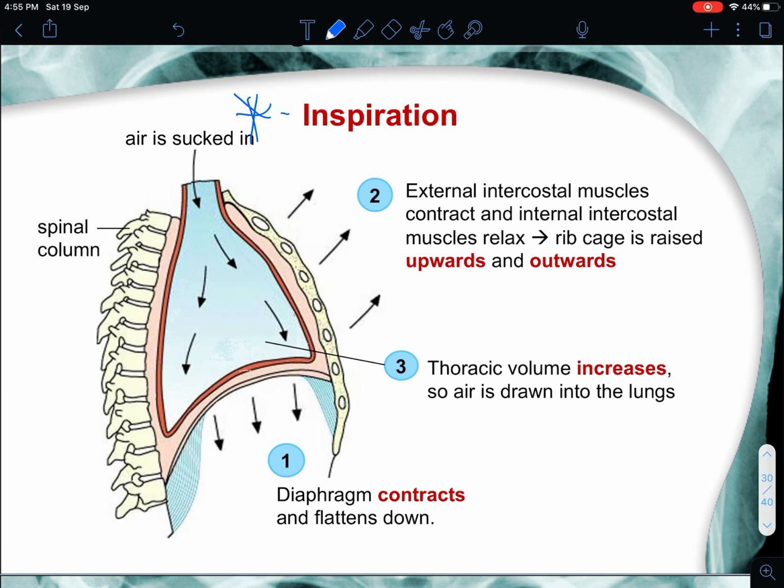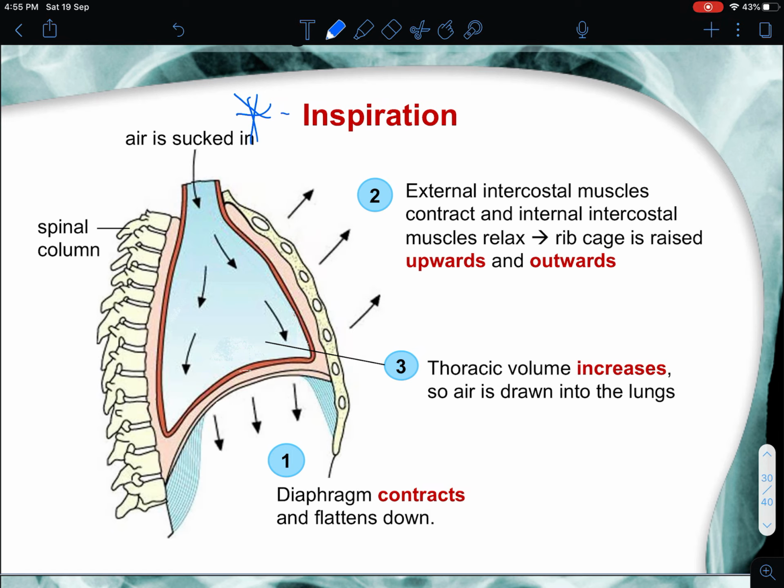Now this is the one that is important. What happens for air to actually enter? First step, the diaphragm will contract and flatten down. As it contracts, it becomes smaller in size. That's why it tends to float downwards a bit. And what will this lead to? Your external intercostal muscles will first contract, and your internal intercostal muscles will relax. Due to this action, your rib cage will then be raised upwards and outwards. So as you breathe in, you realize that your rib will actually move up and also out.